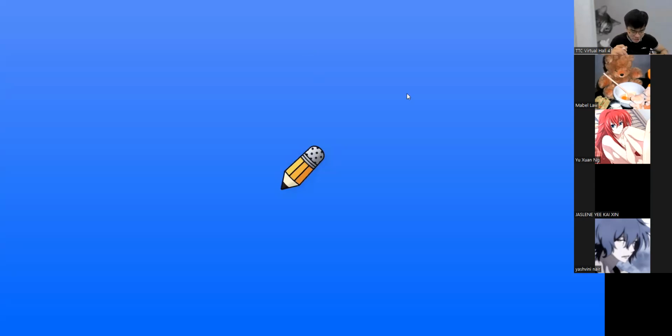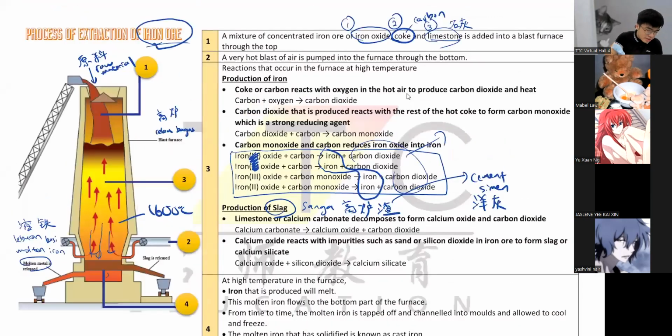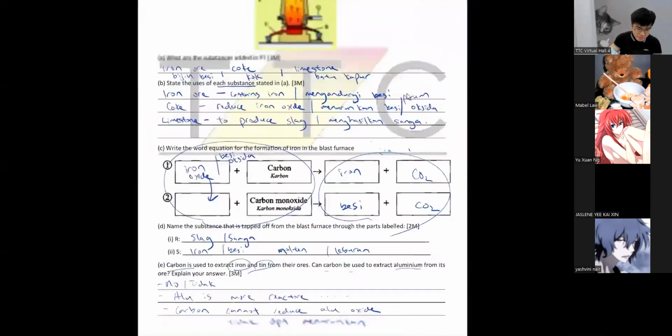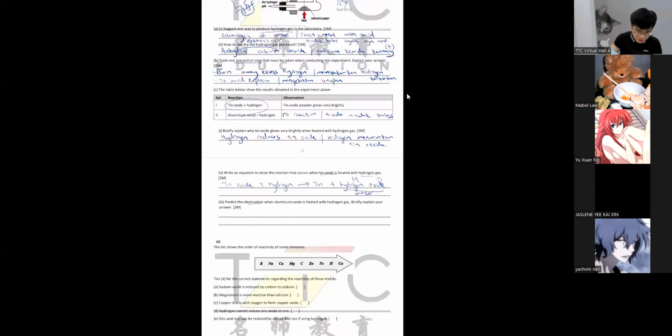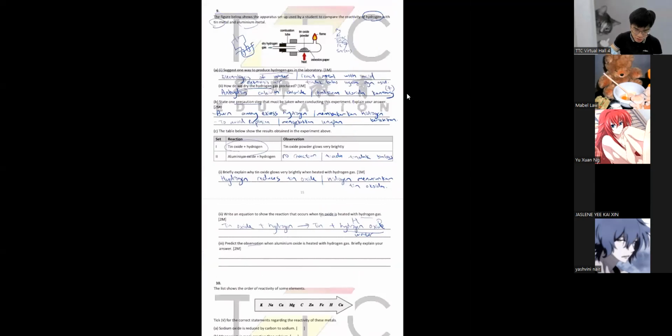Anyway, we are in chapter 4. I know we finished chapter 4 last week, but we are going to finish the exercise first, before we move on to chapter 5. And yes, we are going to enter chapter 5 today, which is a very simple chapter.